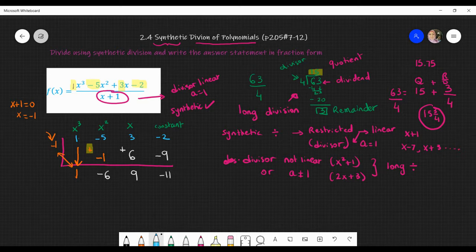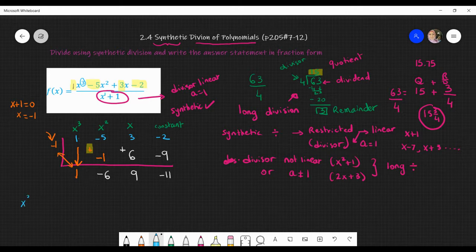Now I need to label these because we said we're dividing polynomials. When we divide polynomials, we're not going to get a numerical answer like 15 and 3/4. No, we're going to have a polynomial. And here, if you notice, we are dividing a cubic by a linear.